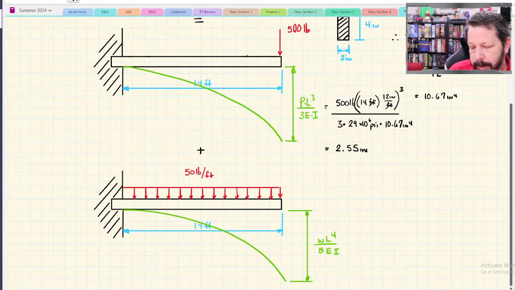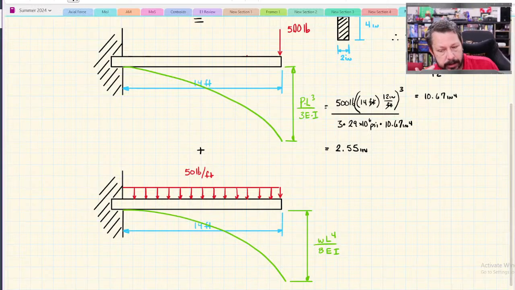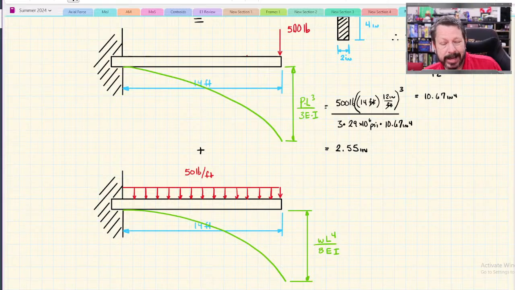I'm not terribly surprised. That is a large number for deflection, but our beam is not that large, 4 by 2, and it's 14 feet long with 500 pounds on the end of it. That seems like it probably would deflect that much.